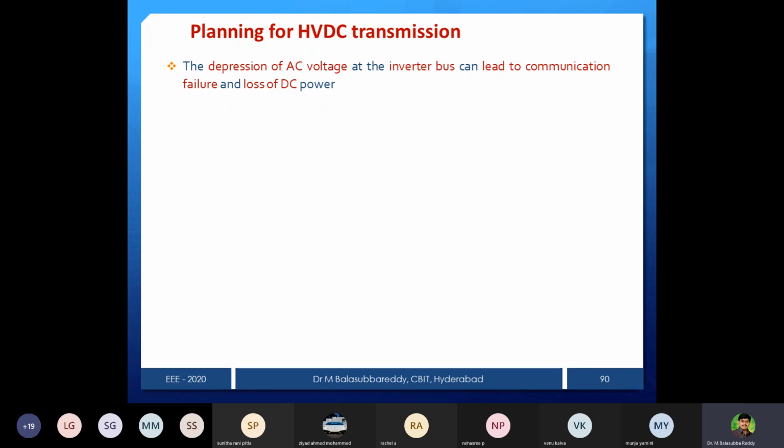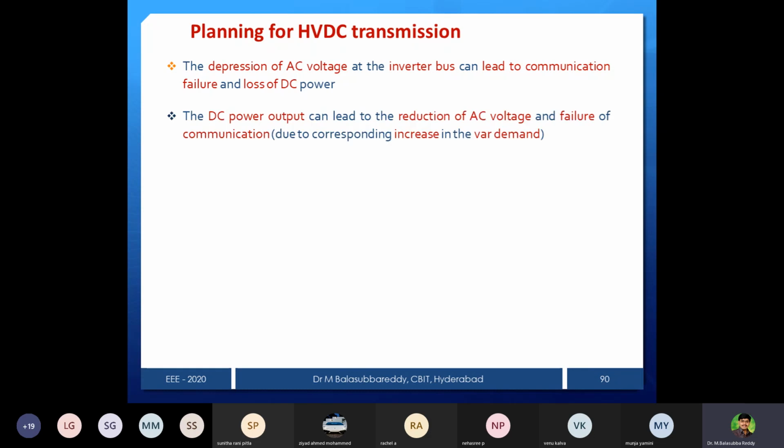I mean the device is not turning off properly, that leads to a commutation failure or misfire. All these things will lead to a loss of DC power. DC power output reduction can lead to the reduction of AC voltage and failure of commutation, due to the corresponding increase in the var demand.